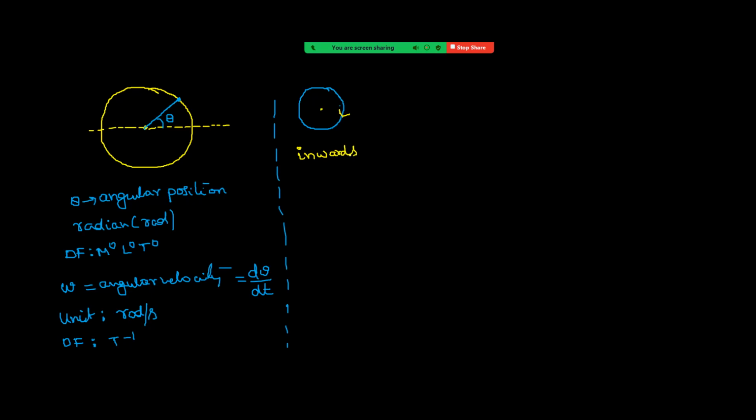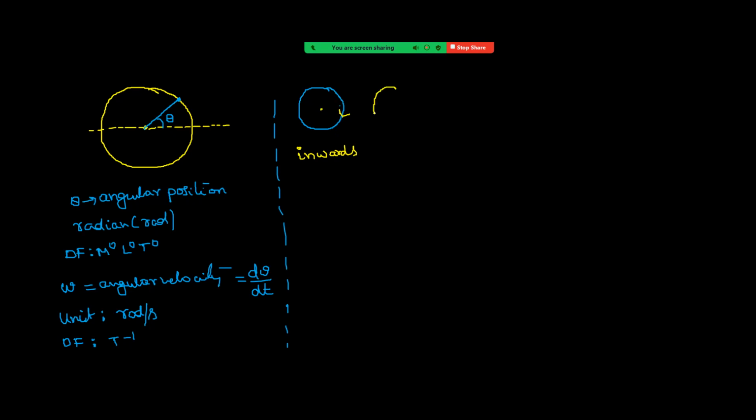We are using the right hand rule: curl the fingers along the direction of the particle, keeping the thumb along the axis. Now the thumb will be into the paper. So it is inwards along the axis.